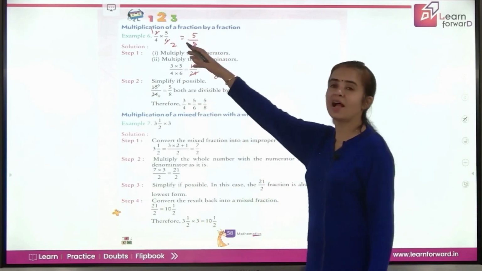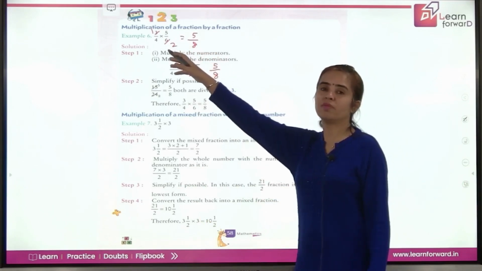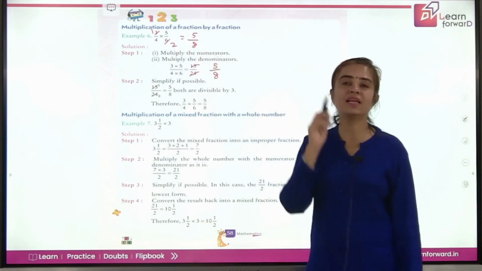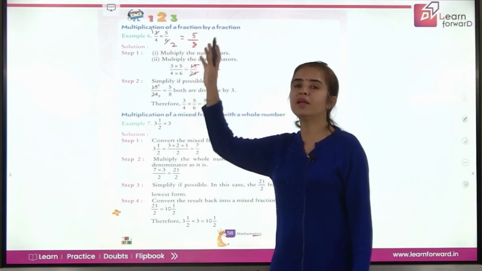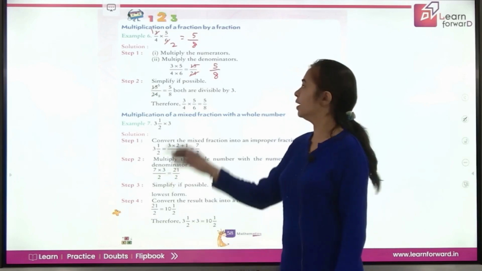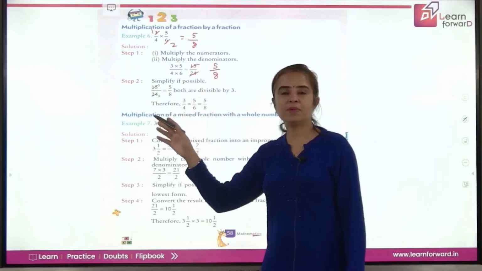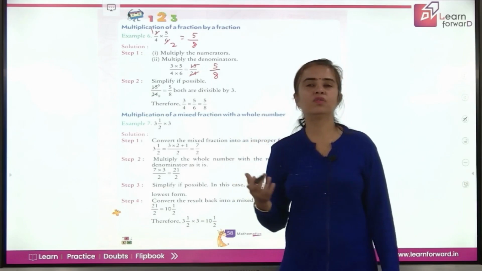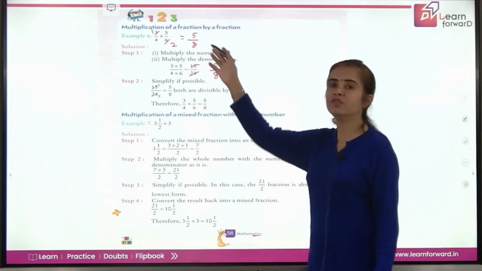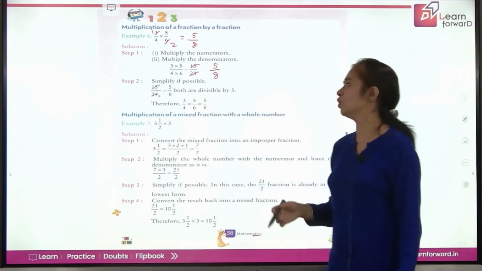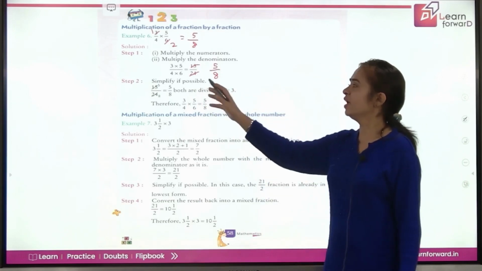But I suggest cancelling out the common factors to put in less effort. Once they get cancelled out, numbers become smaller and multiplication becomes easier. But in this case, you first multiply and then try to find the common factor with bigger numbers. So this is preferred, but still I say the choice is yours. Now simplify if possible.